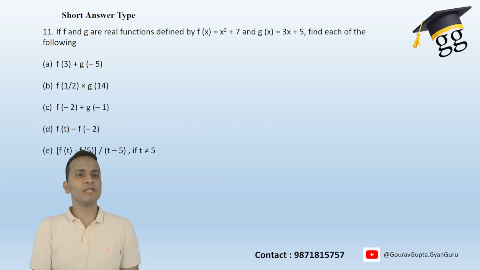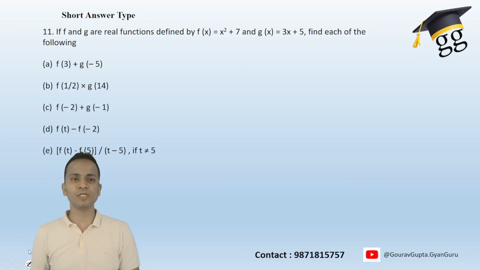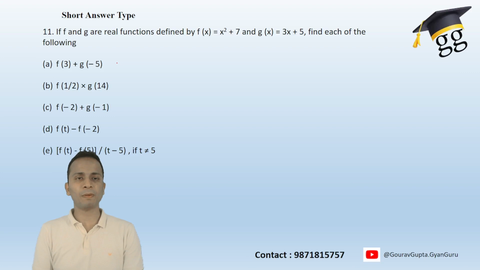Now, quickly moving on, next question, a very simple question having 5 parts. You are given two functions. f(x) is equal to x square plus 7 and g(x) is equal to 3x plus 5. For the first part, we will have to calculate f of 3 plus g of minus 5.